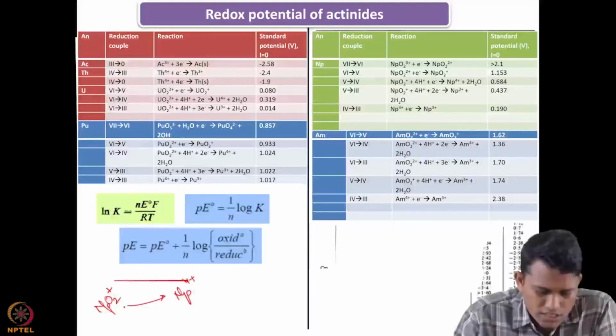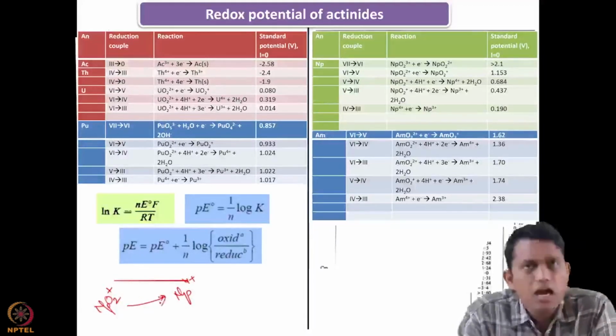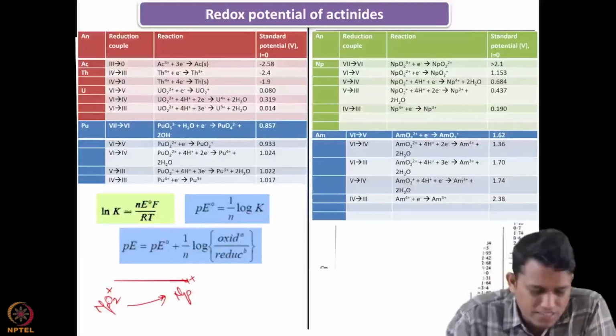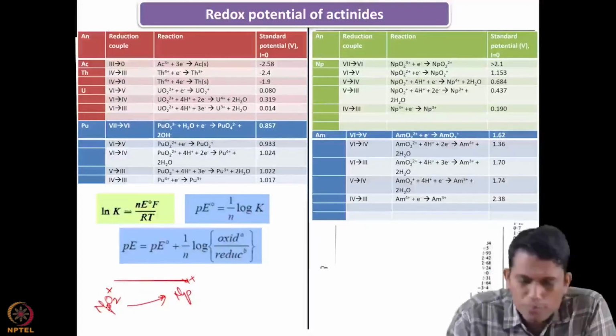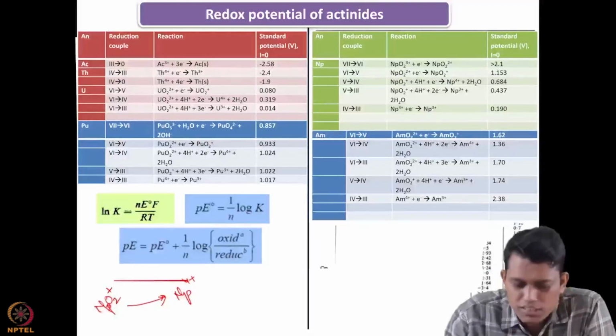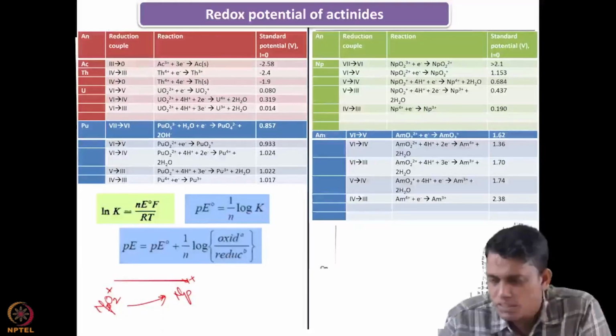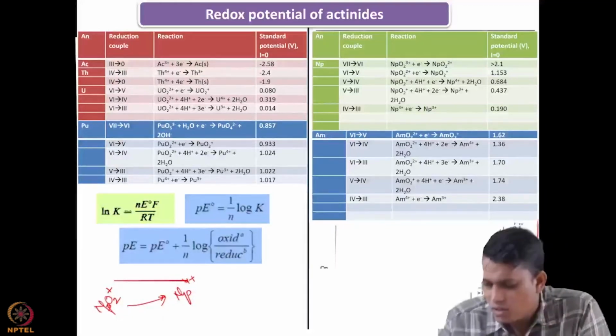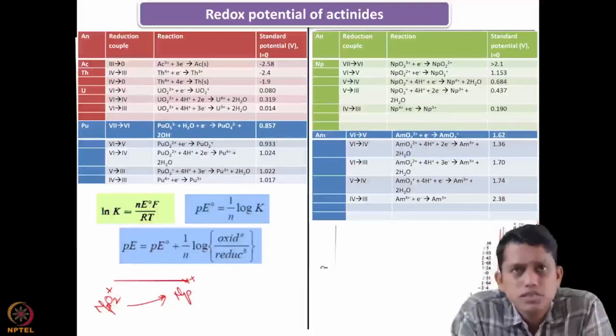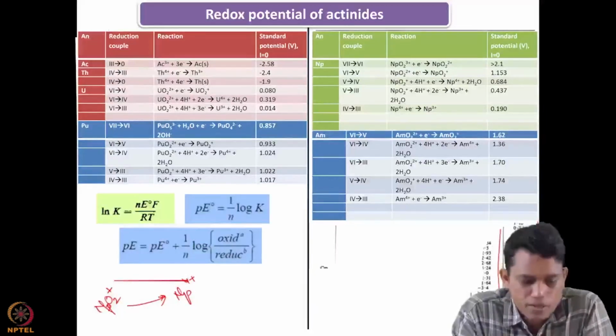So for this reduction to be feasible, I want a couple which can facilitate this reduction. By looking at the standard potentials, you can choose the two couples and you can add them and see how the reduction is taking place, or in the presence of which couple it is more favorable.